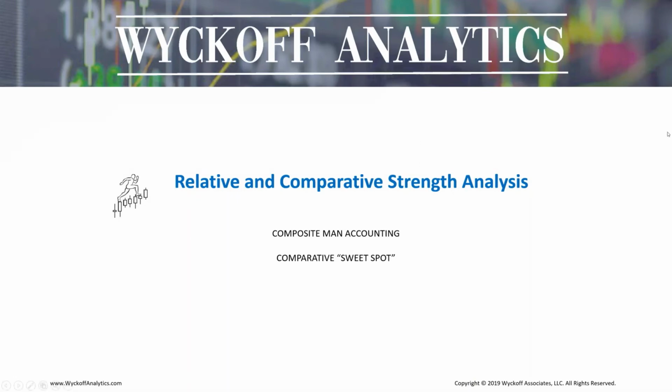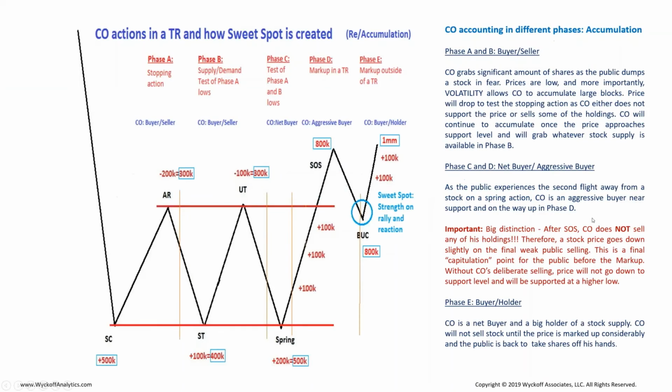Okay, well, let's look at something different. Let's think of the presence of institutions through the composite man accounting. And then we're going to convert that into the concept of a sweet spot on the comparative performance. And again, this is just an attempt for us to understand what institutions are doing, how they're behaving.